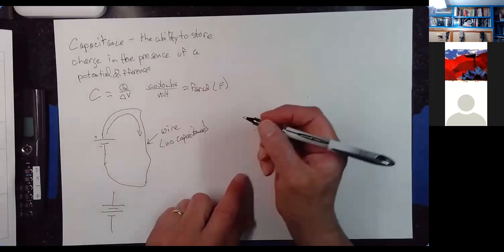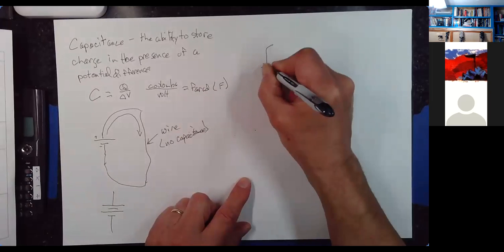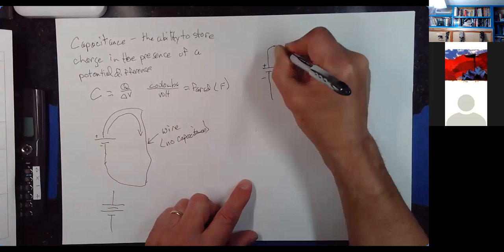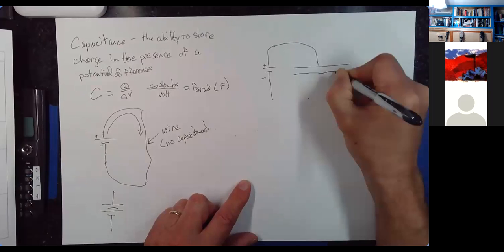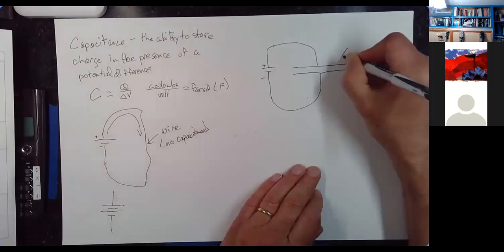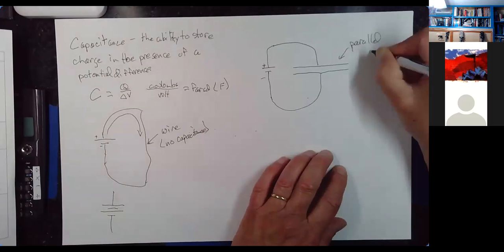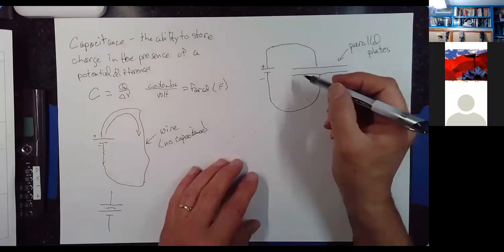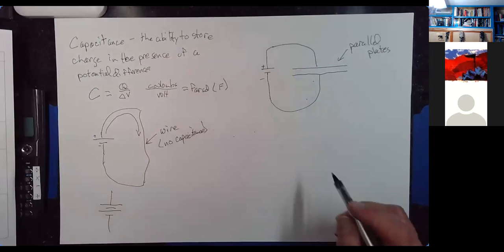However, you can have things that do have capacitance. And if you've got your positive terminal here and your negative terminal here, and you hook this up instead to a couple of flat metal plates that look like that, parallel metal plates, within a short time, you'll have the same potential difference across the plates that you have across the battery itself.